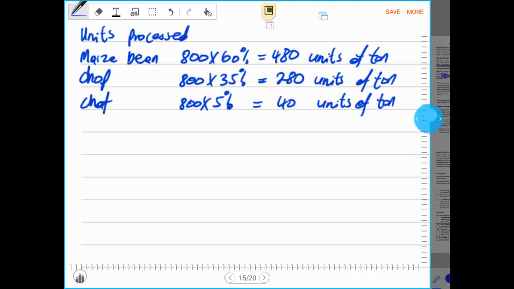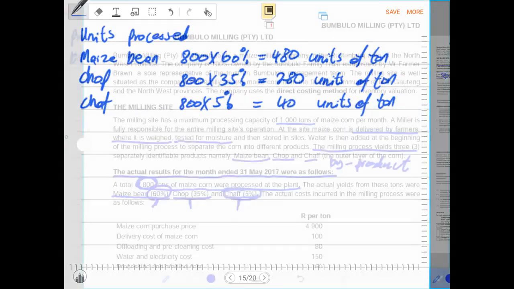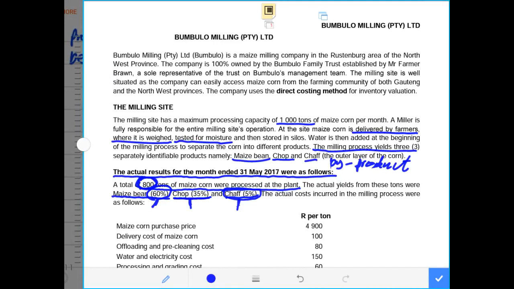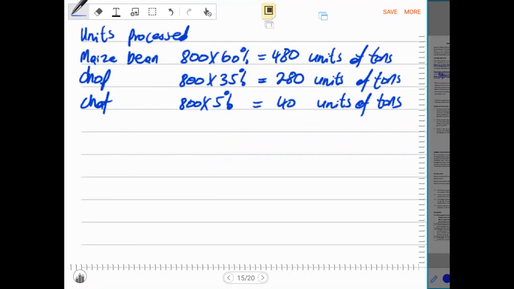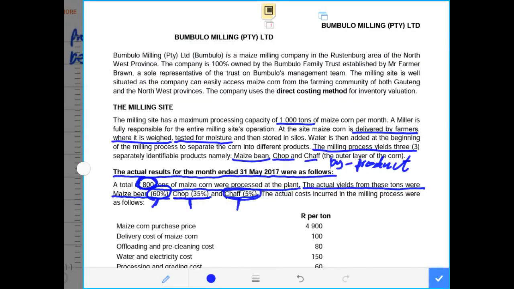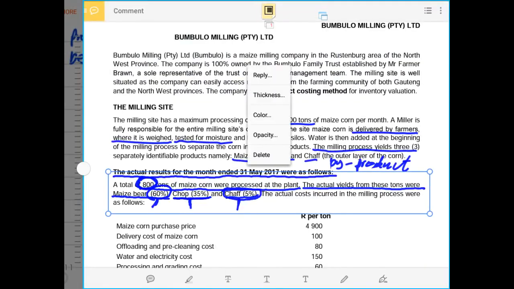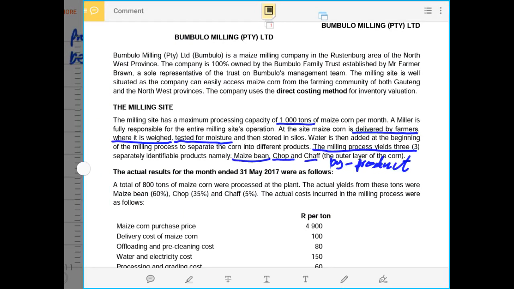Then we proceed to the next part of the question. They said to us that the actual results, that will be tons, was 60 tons and 40 tons. So now we have identified the number of units that were processed for each of the products.